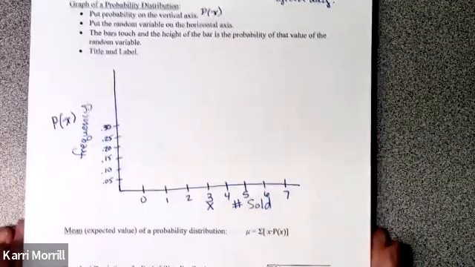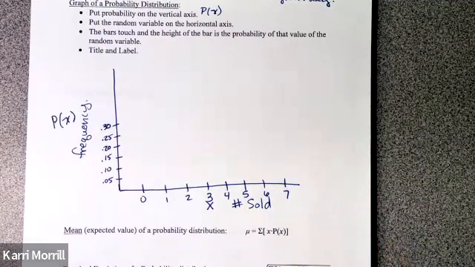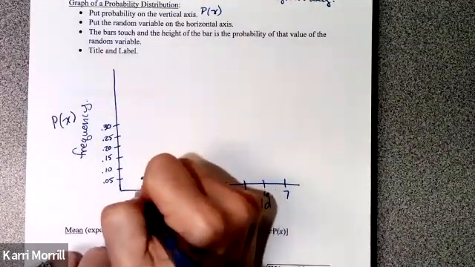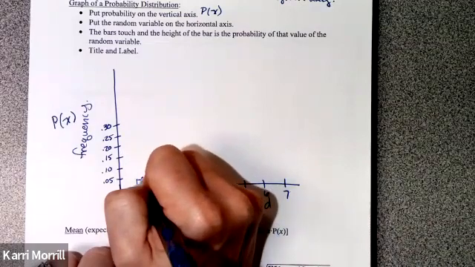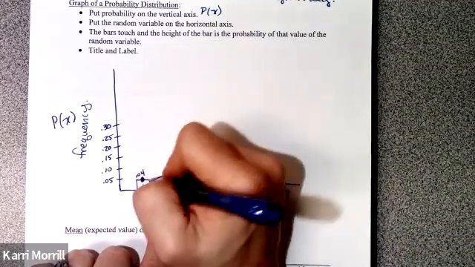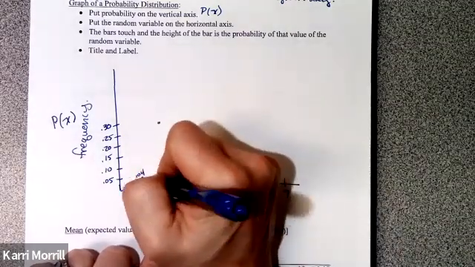In the graph, the probability of 0 was 0.04, so it's just below the 0.05. Of 1 was 0.30.